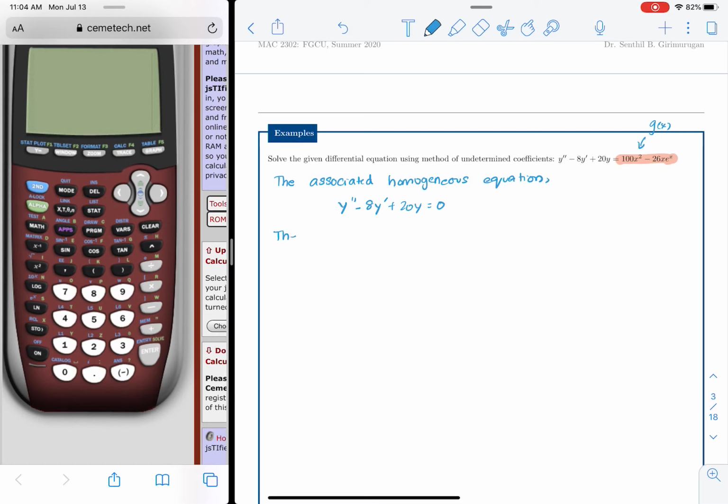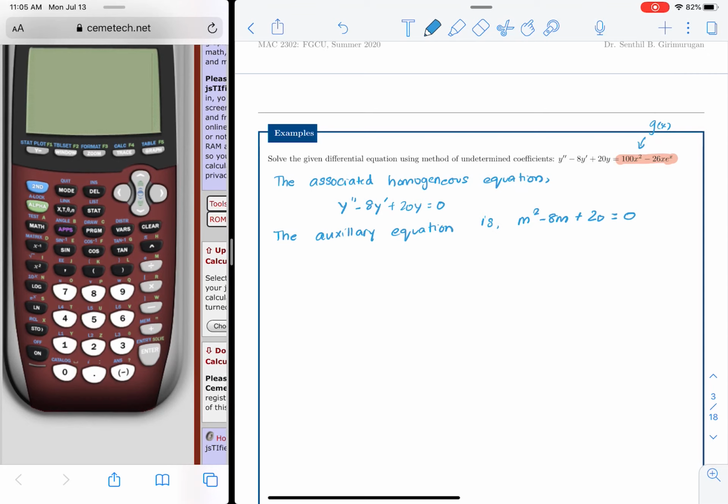So the auxiliary equation is m squared minus 8m plus 20 equals 0. Now we would like to know if we can find the roots of the auxiliary equation.